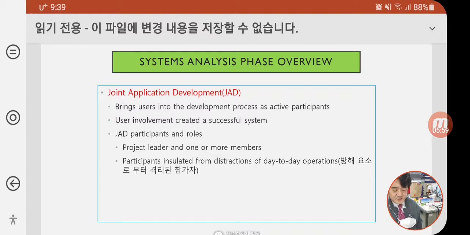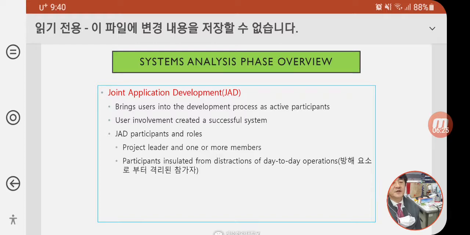Please take a closer look at the system analysis phase. First, joint application development brings users into the development process as active participants. User involvement creates a successful system.